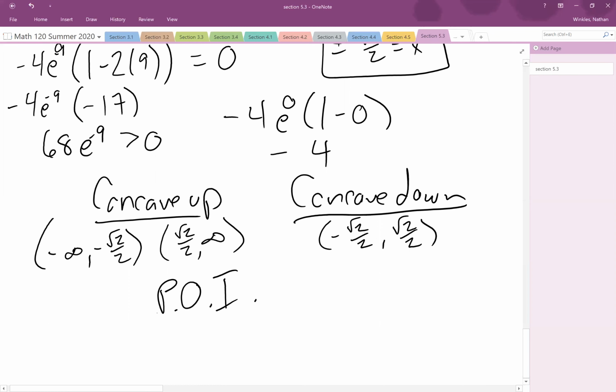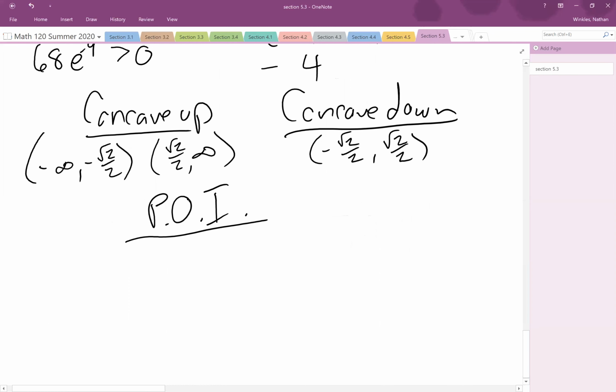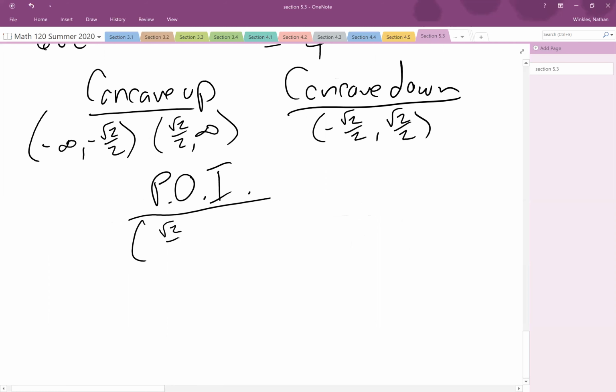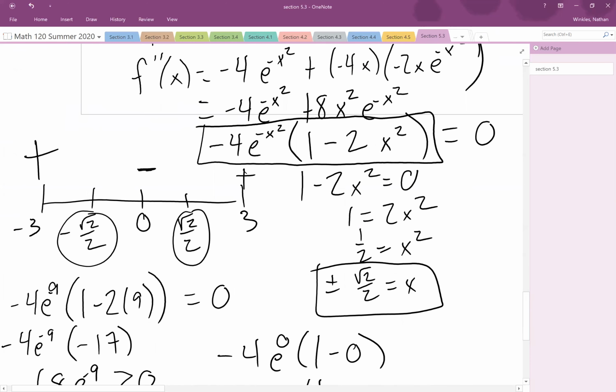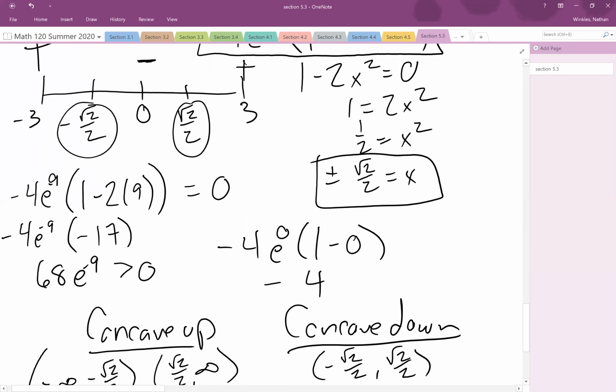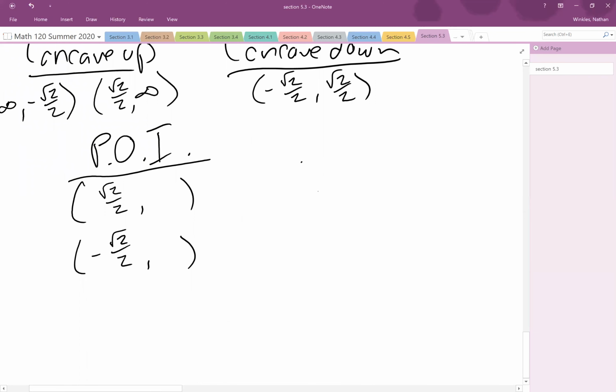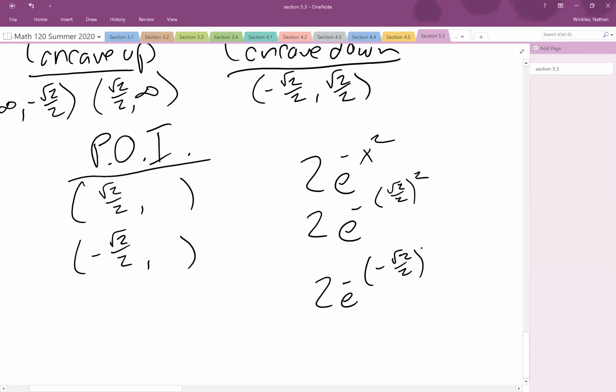Our points of inflection, we actually have 2 of them. It's going to be root 2 over 2 comma something and negative root 2 over 2 comma something. We got to plug these back into our function of 2e to the minus x squared. So 2e to the minus of root 2 over 2 all squared, and then 2e to the minus negative root 2 over 2 squared. They're both going to give us the same answer.